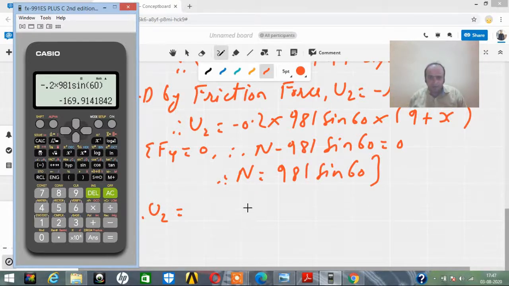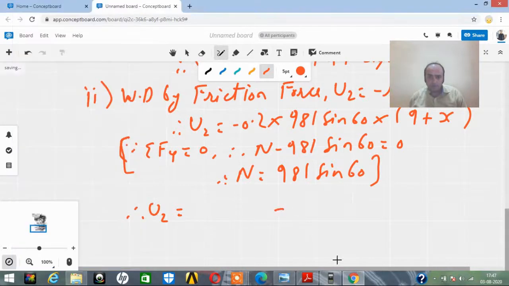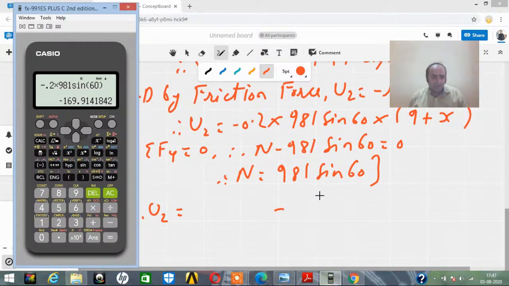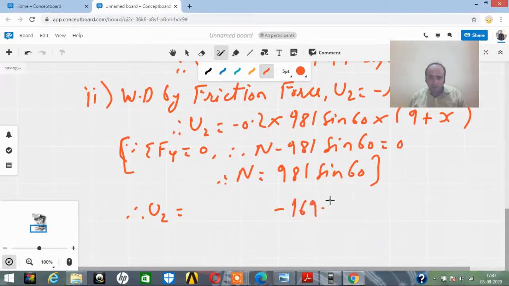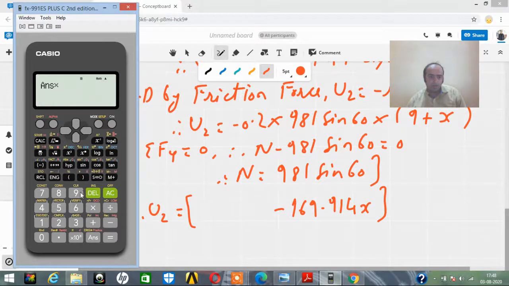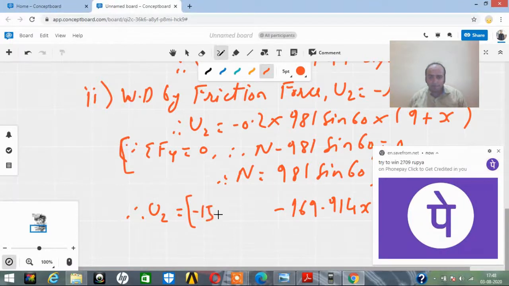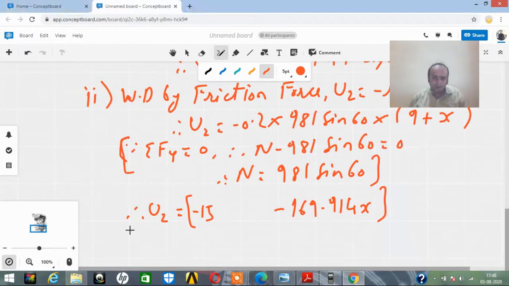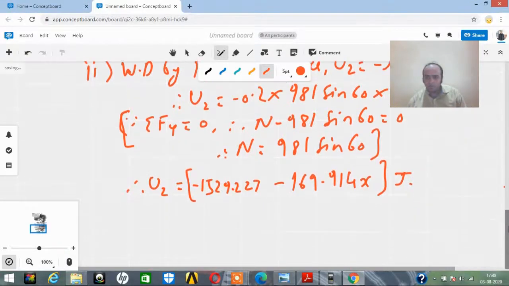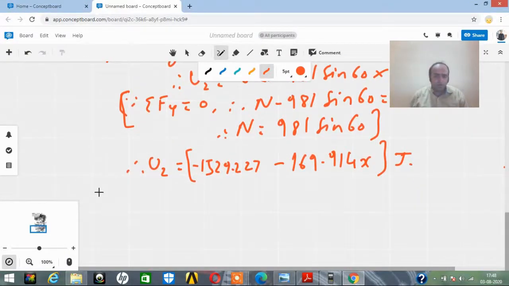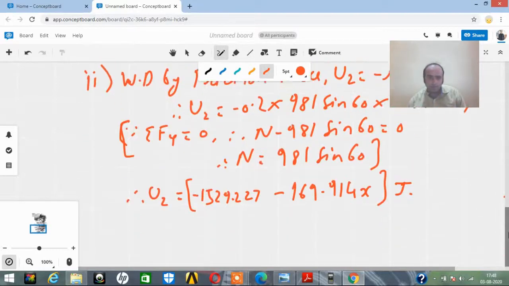So I can write it as minus 169.914x, and multiplying by 9, minus 1529.227, the whole in terms of joule. So this is U2. Now U3, the work done by spring force, is going to be the third.